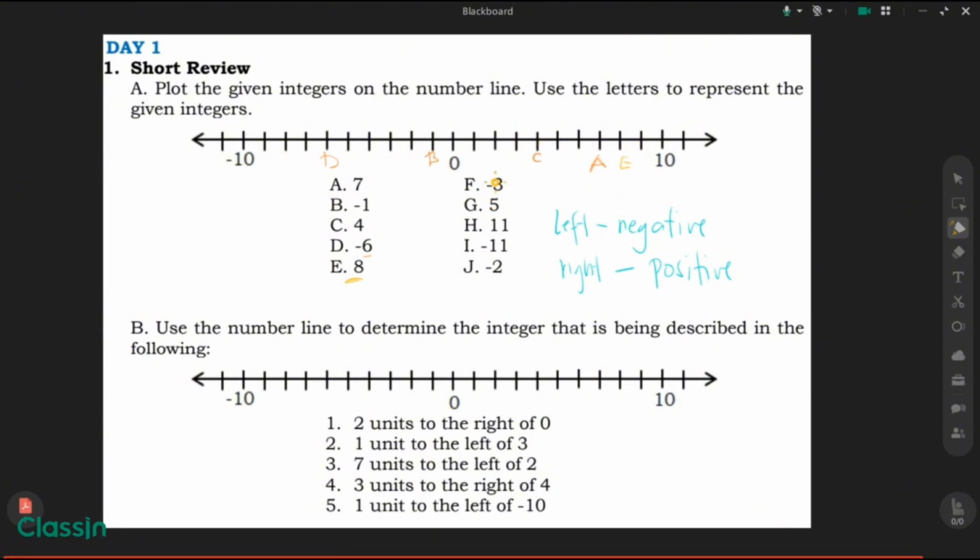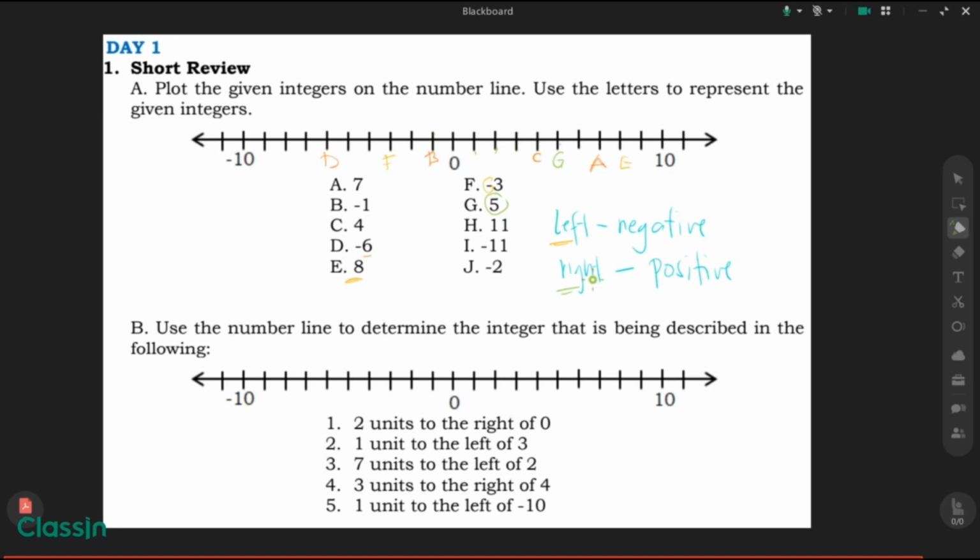What about the F? So it is negative, so we need to move to the left. How many units we need to move? 3. 1, 2, 3. So F will be here. Now what about letter G? The 5. Since it is positive, we need to move to the right. How many units? 5. 1, 2, 3, 4, 5.